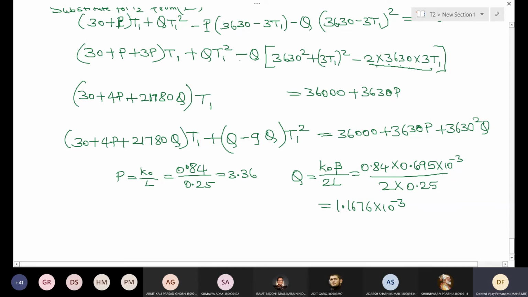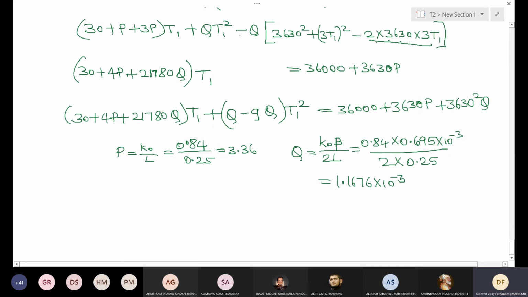Now substitute here and simplify, and tell me the factor with the T1 squared. So what is the factor we get?